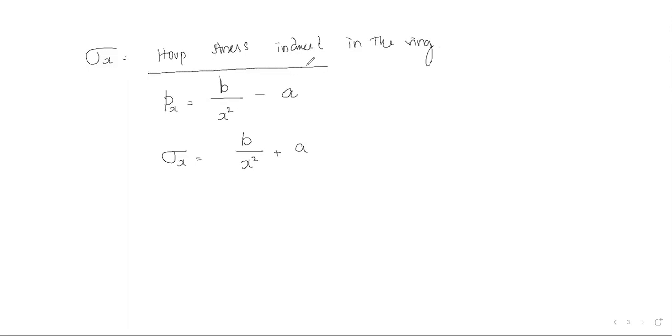So these two are the equations. Okay. So radial pressure px is equal to b by x squared minus a. Similarly, sigma x, that is hoop stress induced in the ring, is equal to b divided by x squared plus a. Okay.